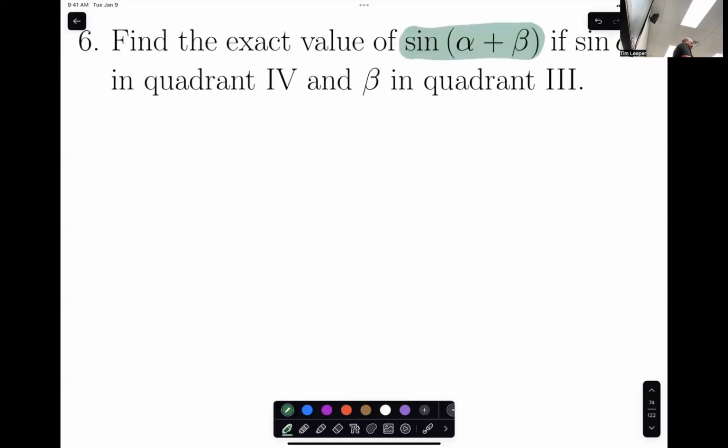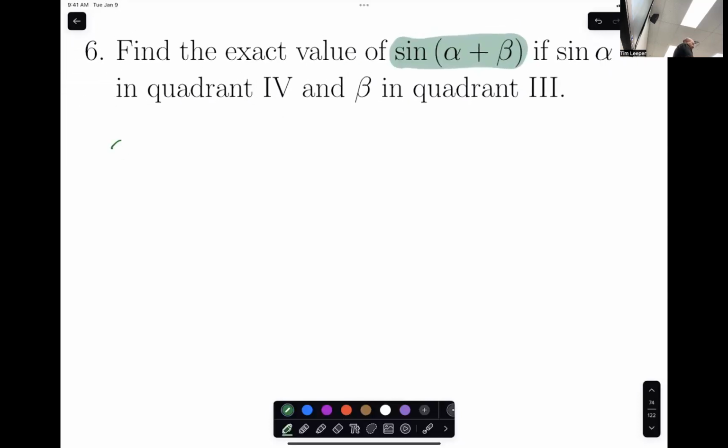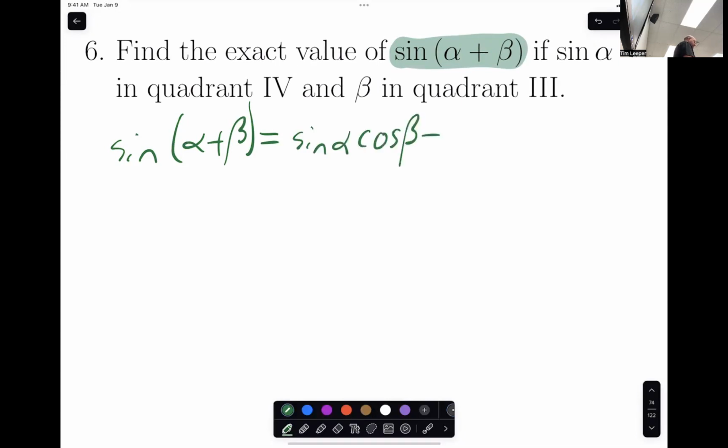So instead, we're going to come over here. What is sine of alpha plus beta? Well, using the formula for sine of alpha plus beta, all that is sine alpha cosine beta plus cosine alpha sine beta, right? That's just the sum formula for sine.